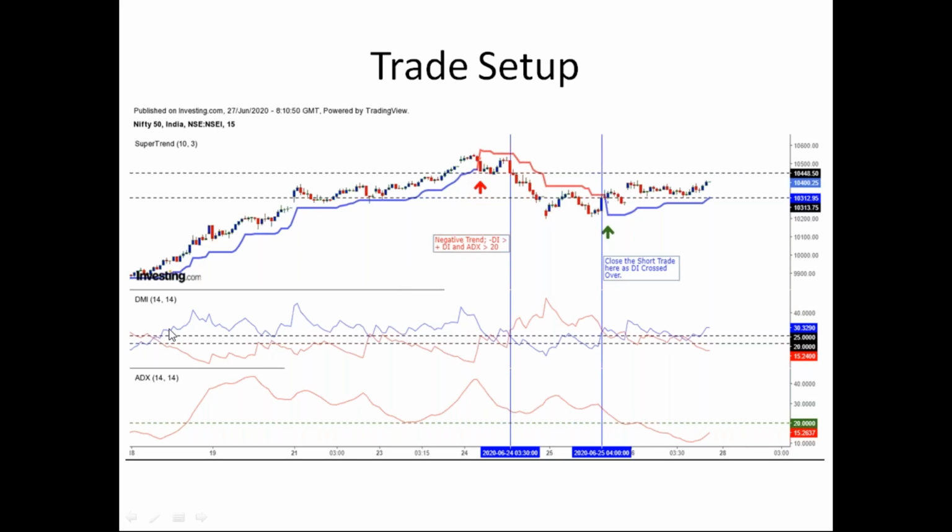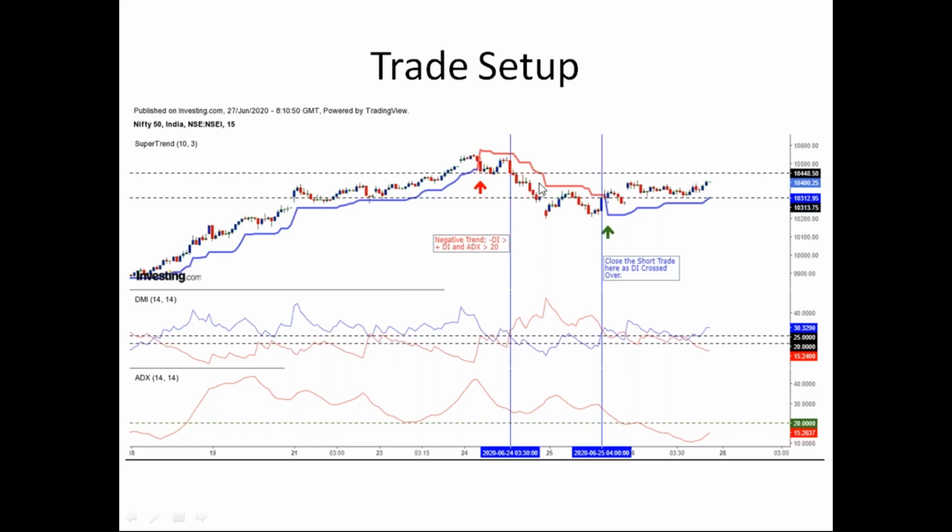Second is the DMI or the ADX, which I was discussing. The blue line is the positive DI and the red line is the negative DI. So when Nifty is in an uptrend and positive DI is higher than negative DI, that means the blue line is above the red line, we will take long call options, and vice versa.